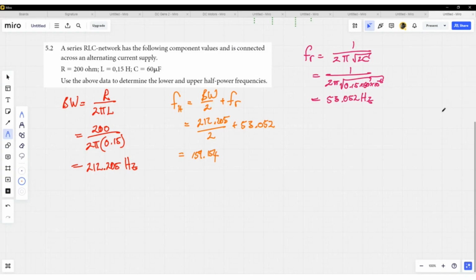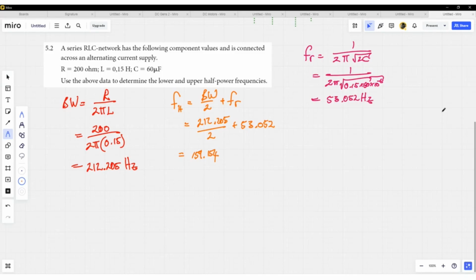So that's 1 divided by bracket 2 times pi times bracket square root of 0.15 times 60 divided by a million. Close the bracket, close the other bracket, close the other bracket.